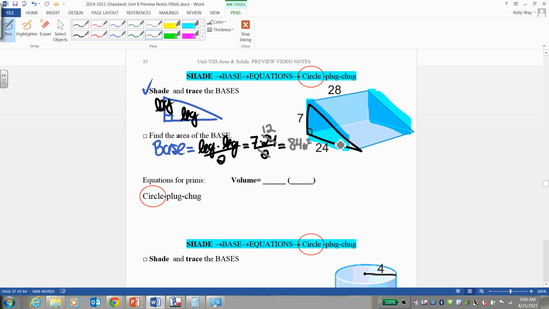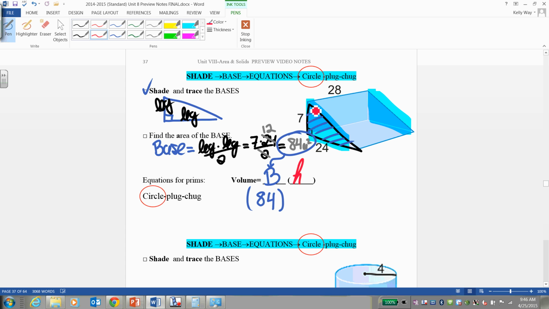Now to find the volume of this prism, it is simply going to be the area of the base times the height. Notice I used a capital B there. Capital B means area of. So to find the volume, we take the area of the base, 84, times the height.